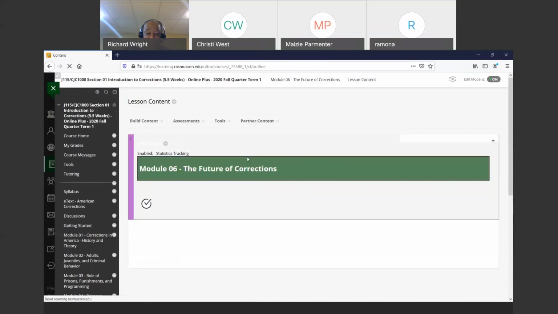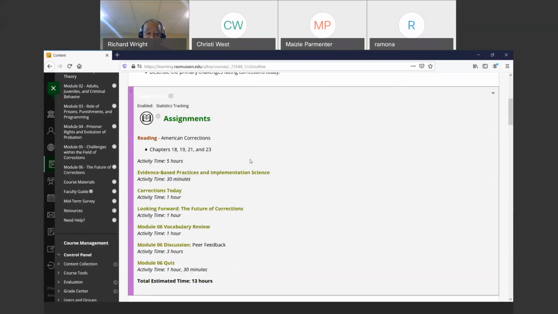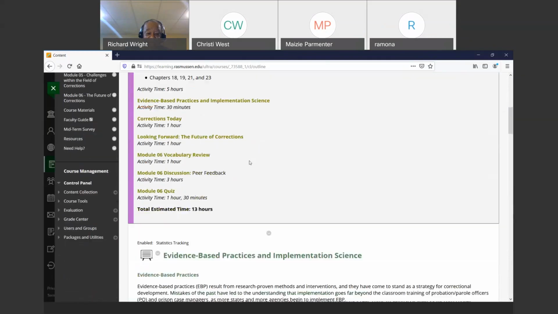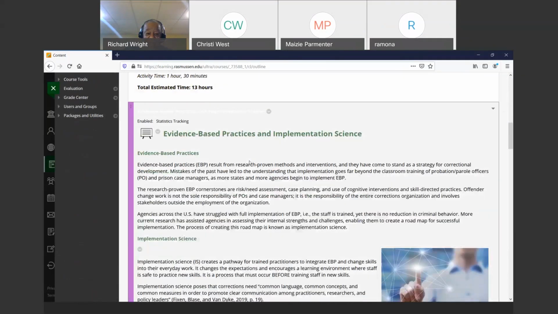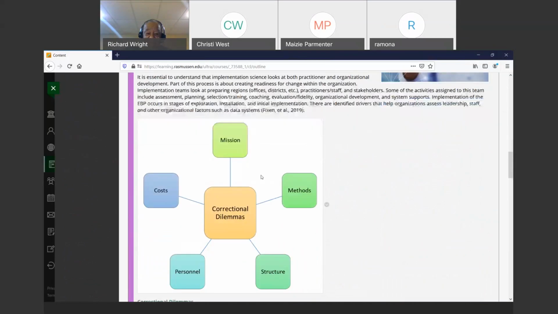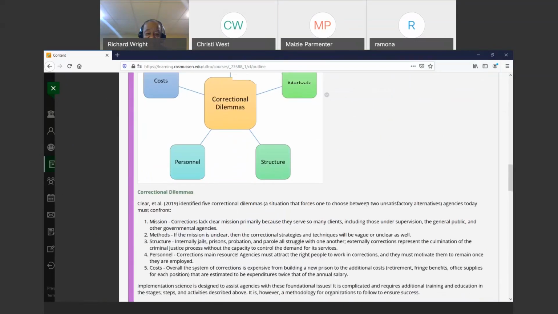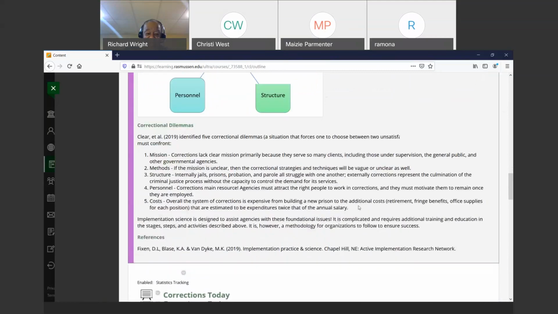And if you go through dealing with evidence-based practices, and here it is right here, you're going to go through this EBP, evidence-based practices, and you're going to look at these and see the dilemmas that you run into in corrections, such as what you're supposed to be doing, the mission, the methods that you use, the structure, the personnel, and then of course the cost. And then you'll look at each of these.